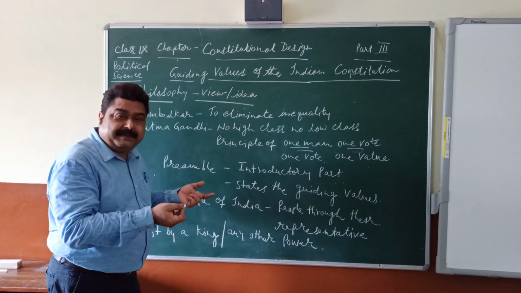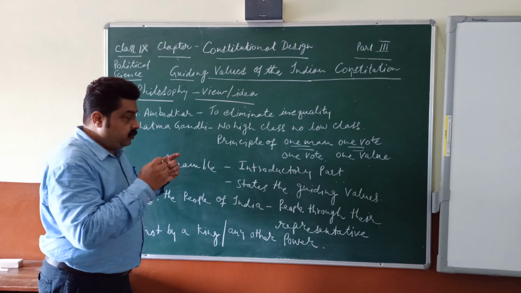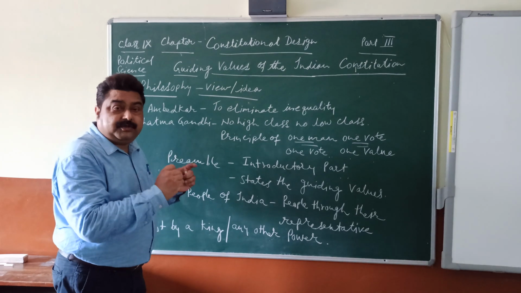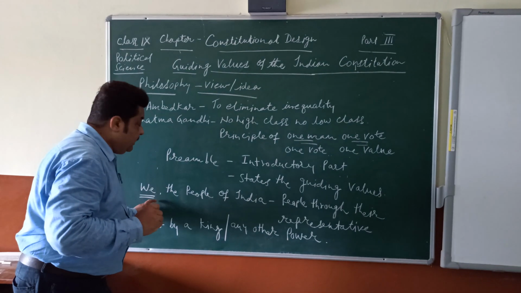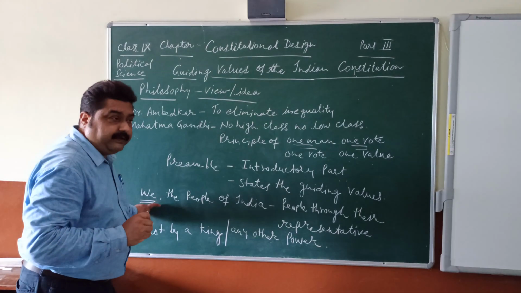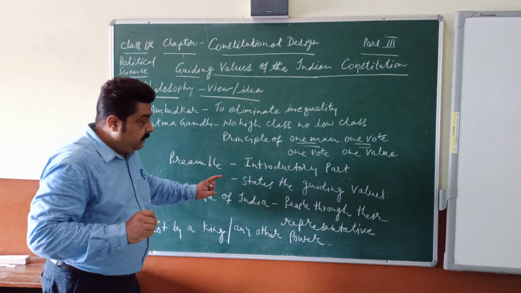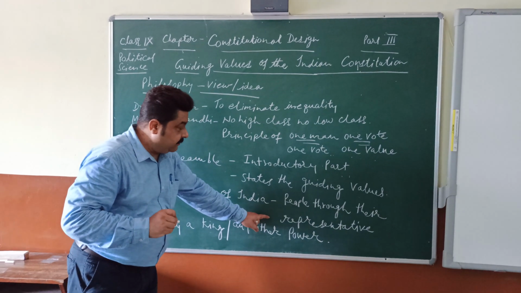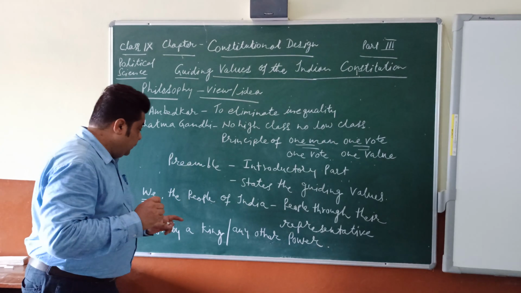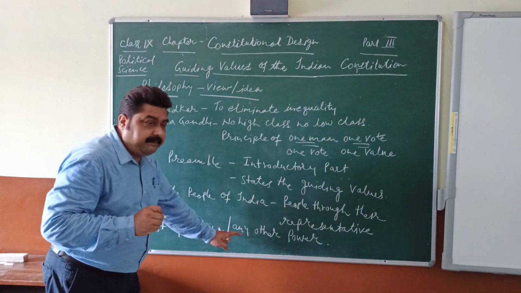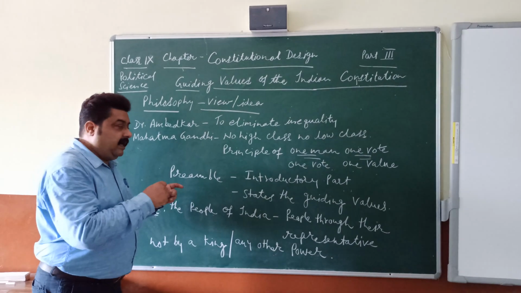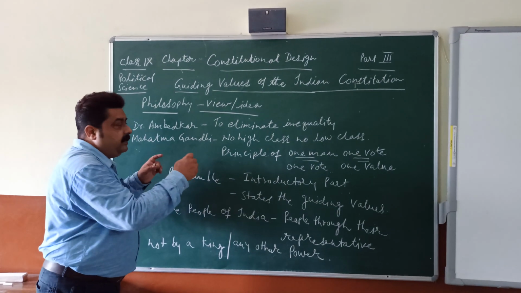And from where did the representatives come? They came through election. They were the members of the Constituent Assembly. So please make it clear that we refers to the people through their representatives. It was not a king or any other power who imposed his or her will to form the Constitution.